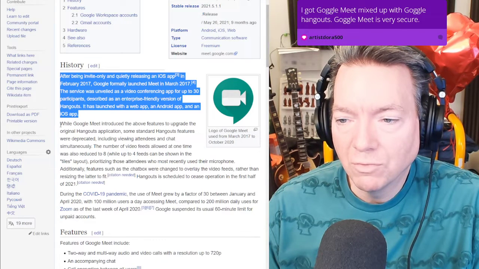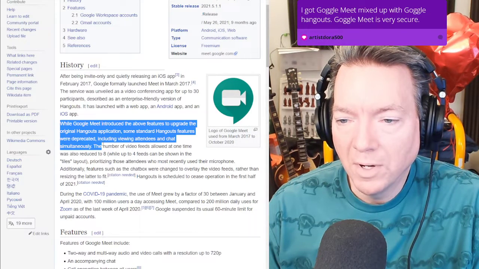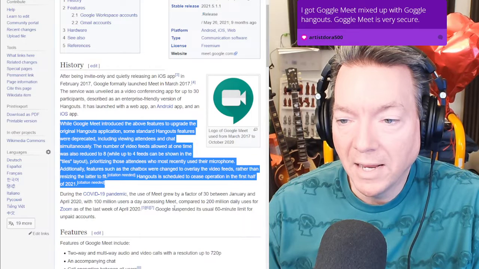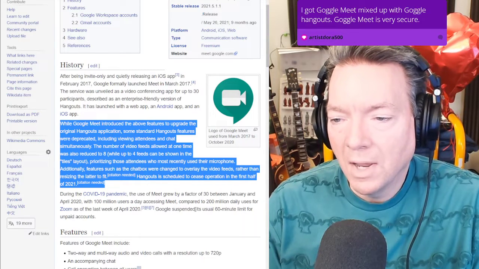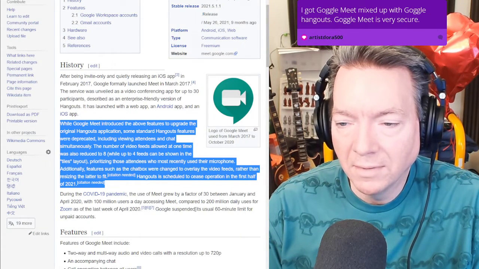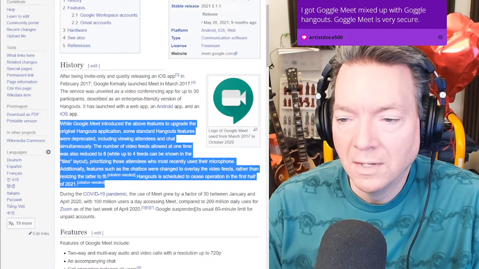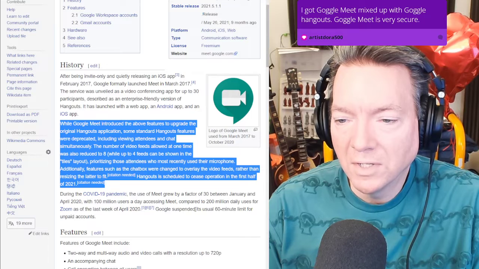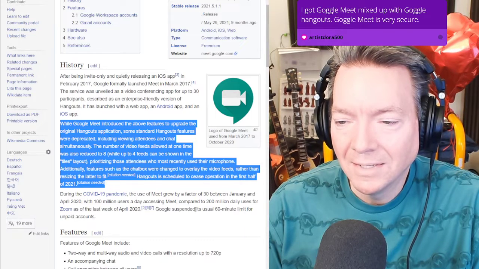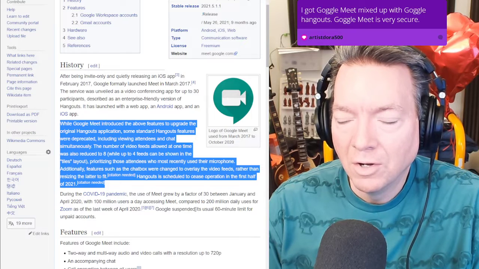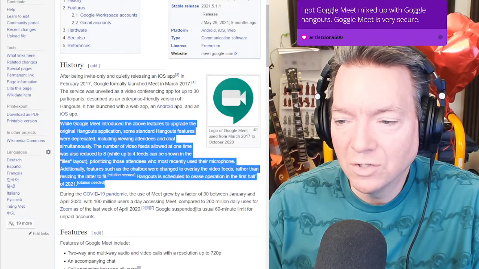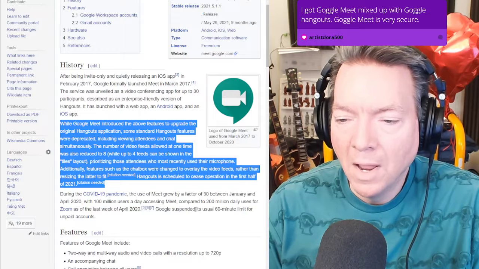While Google Meet introduced the above features to upgrade the official Hangouts application, some standard Hangouts features were deprecated, including viewing attendees and chat simultaneously. The number of video feeds allowed at one time was also reduced to 8, while up to 4 feeds can be shown in a tiles layout, prioritizing those attendees who most recently used their microphone.